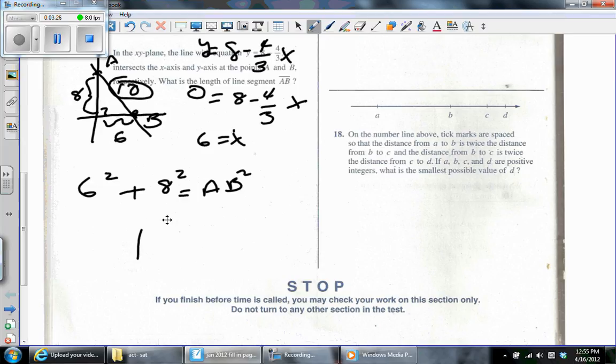Which gives you 100 equals AB squared. So that means AB is equal to 10. Good. Done. Alright, next problem.